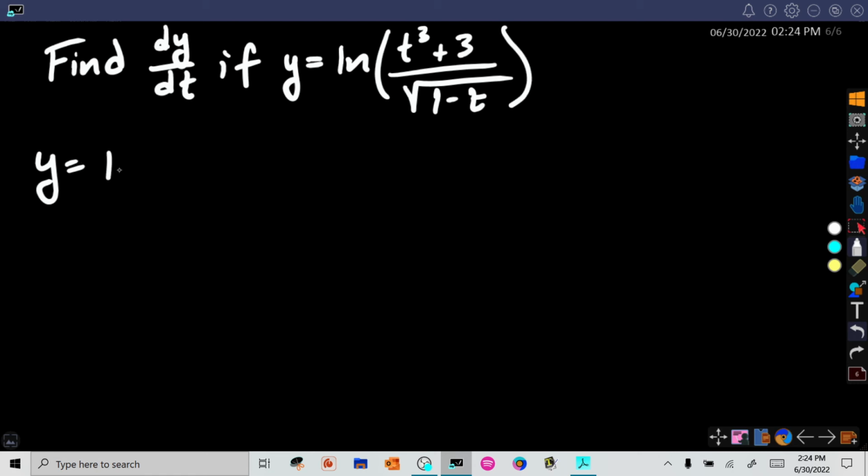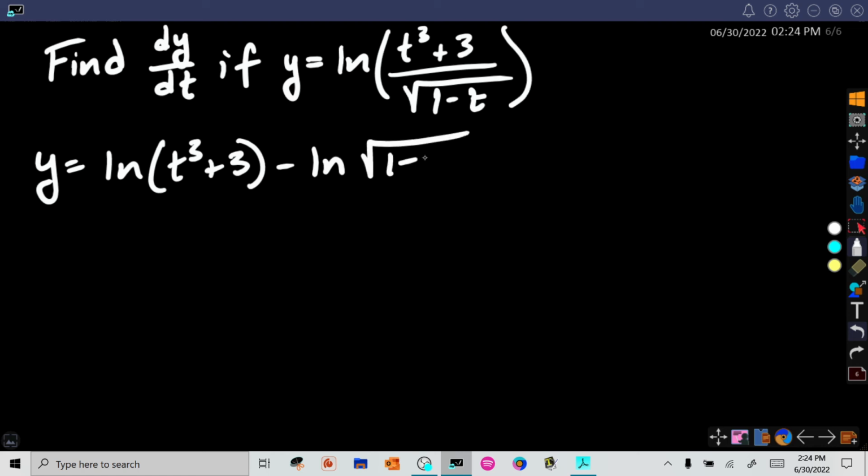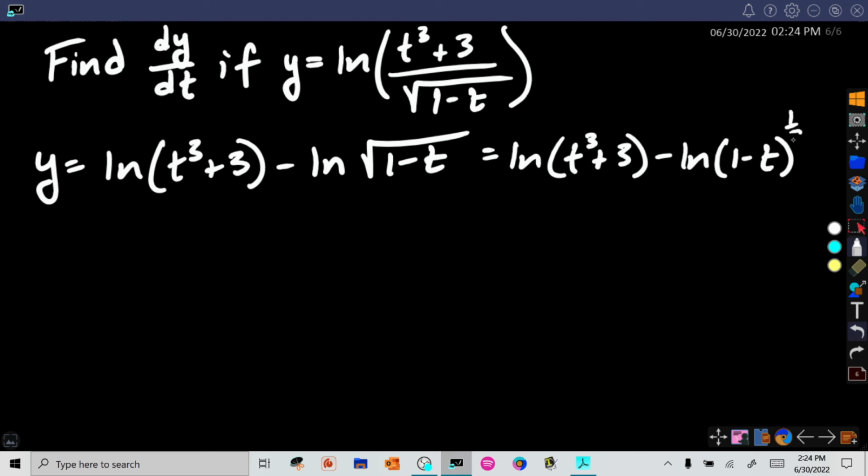Okay, so because we have a division, this thing is going to be subtracting. So we've got natural log of t cubed plus 3 minus natural log of square root 1 minus t. But notice the 1 minus t, that square root is the same thing as to the 1/2 power. Okay, so this is the natural log of t cubed plus 3 minus natural log of 1 minus t to the 1/2.